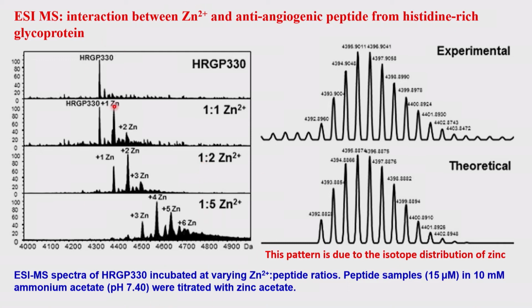and you have the mass spectra at each. So this is your major protein peak coming over here, and if you expand you will get its isotope peak pattern, but that is not very important. Now once you have the zinc, you have a peak with +1 zinc, +2 zinc, the original protein, +1 zinc, +2 zinc, etc. Then when you add 1:2, you get more of a +1, almost not much of the protein at all.